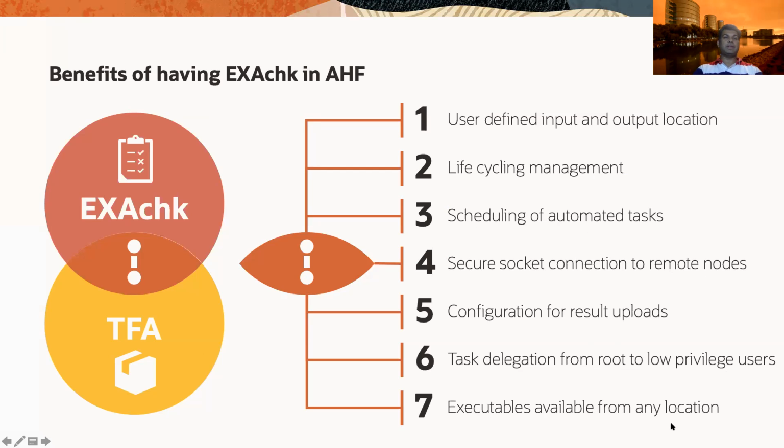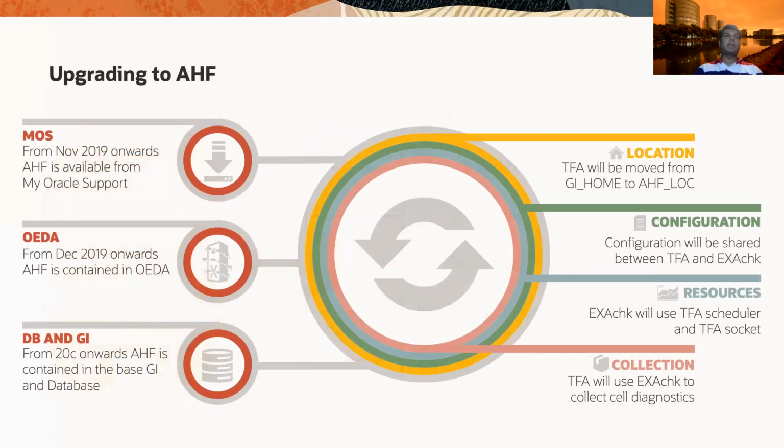So AHF is a package that is used to deploy all of these tools across all of the server infrastructure. How do you upgrade to AHF? How do you get AHF? Exachk is part of AHF. From November 2019 onwards, AHF is available from My Oracle Support.